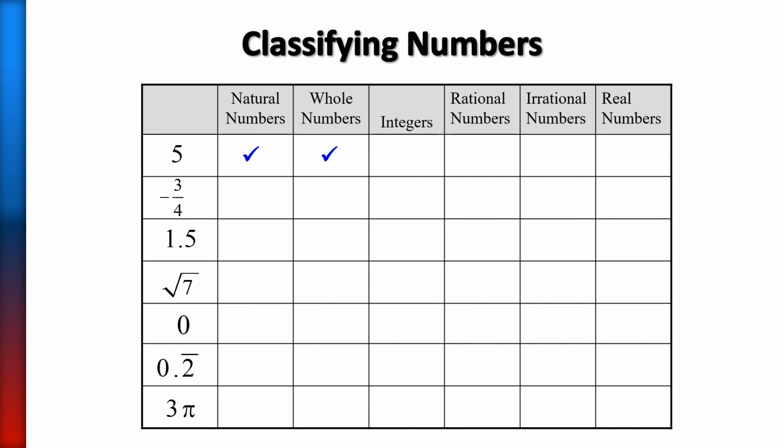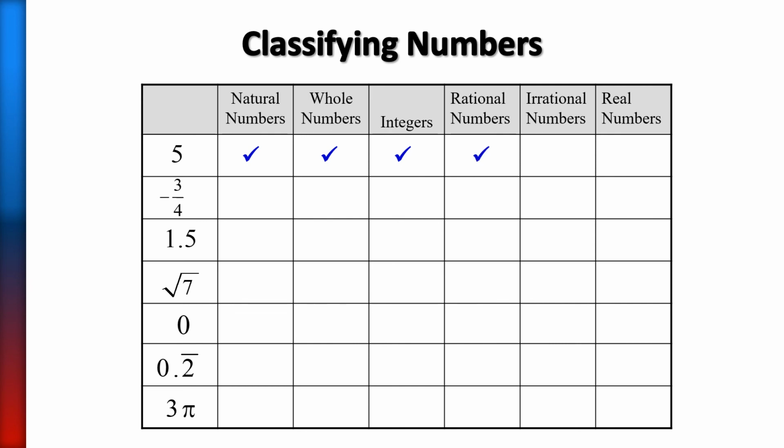Is 5 in the set of integers? Yes, it is, because integers are your negatives and your positives. 5 is a positive, so it's going to be included in the integers. Next, rational number. Can 5 be written as a fraction? Yes, it can. 5 over 1 is a fraction, so yes, it's a rational number.